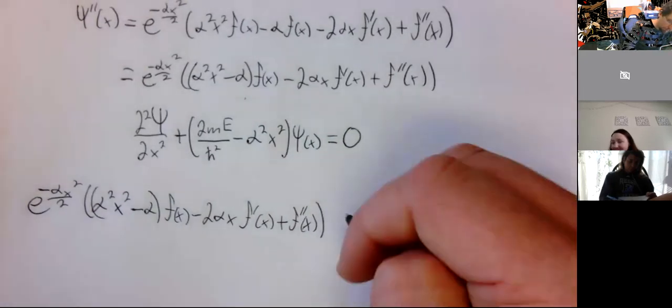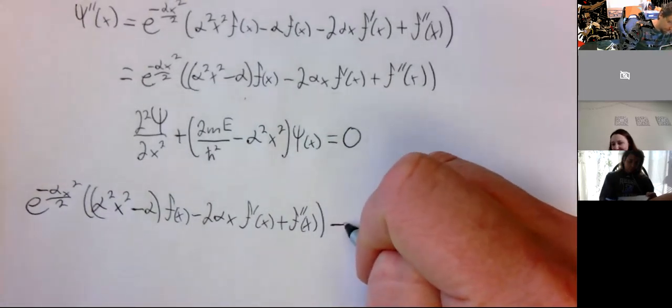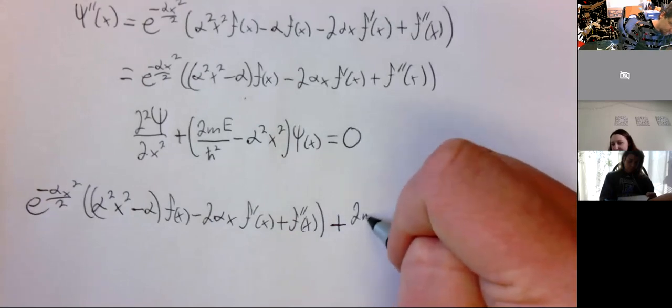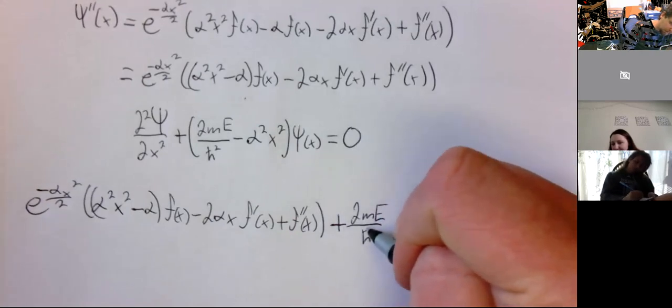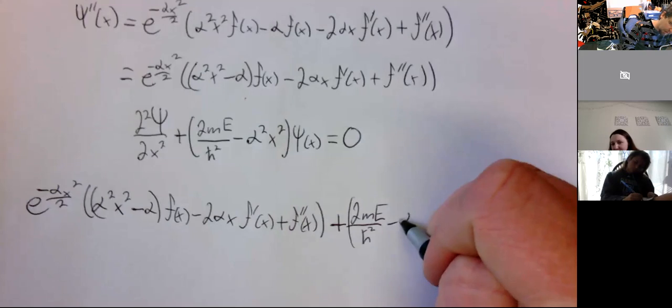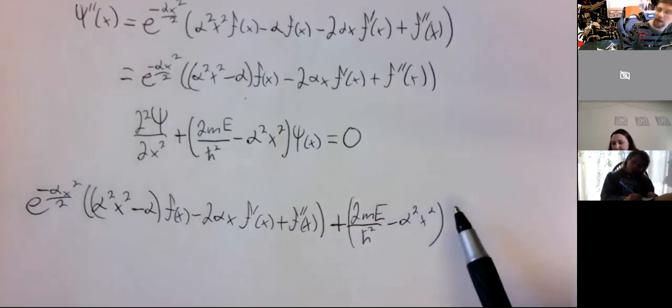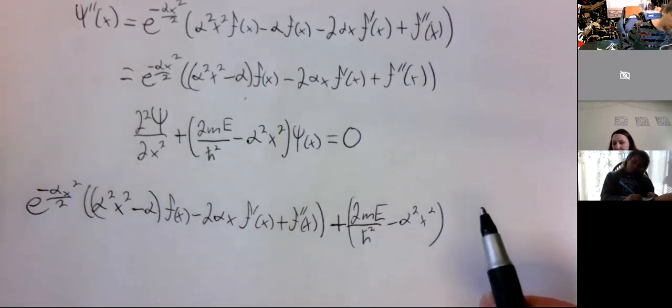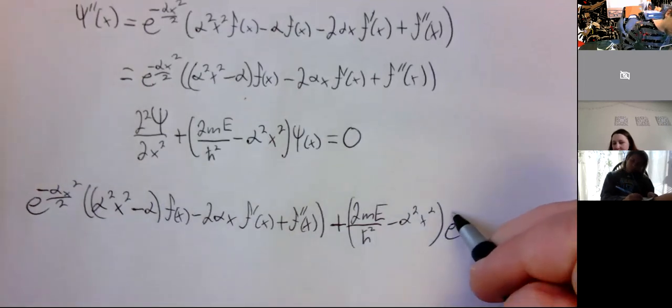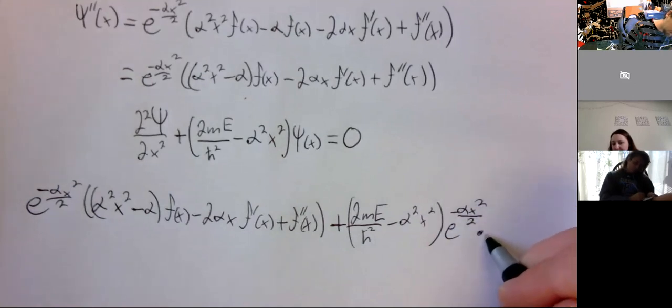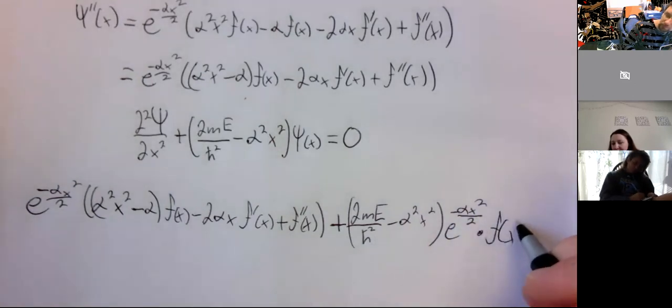And then we have plus 2me divided by h bar squared minus alpha squared x squared, and we have to multiply our wave function in here. Our original wave function was e to the minus alpha x squared over 2 times f of x. And all that's equal to 0.